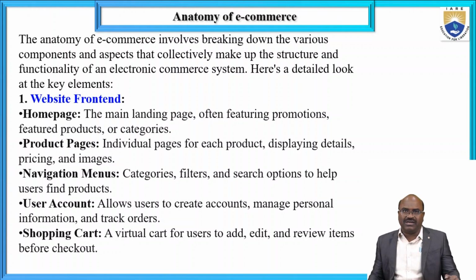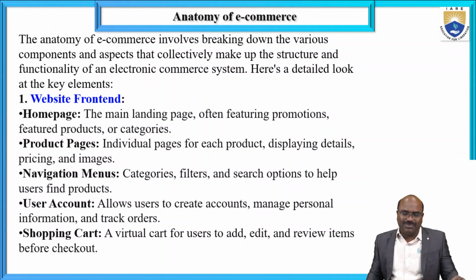The first point is the website front end. What is meant by the website front end? In any programming language, there is a front end and a back end. The website front end includes the home page. The home page opens in any browser, such as Google Chrome, Internet Explorer, or Firefox, whatever it may be.